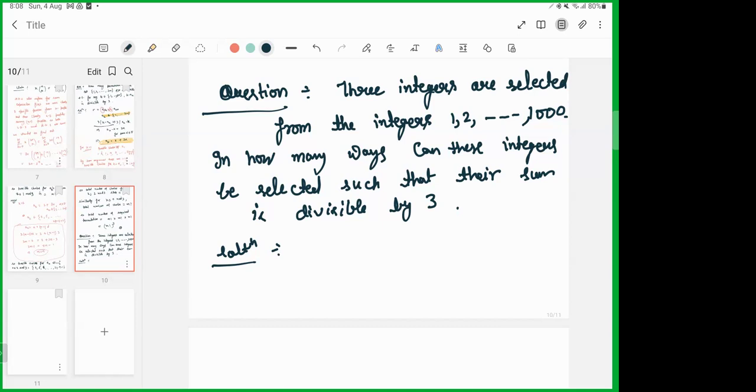Are you familiar with a little bit of group theory? Have you done any course on group theory? No, sir. Are you familiar with the group Z mod 3, Z3? Yes. But how do we use that idea of Z3 here?